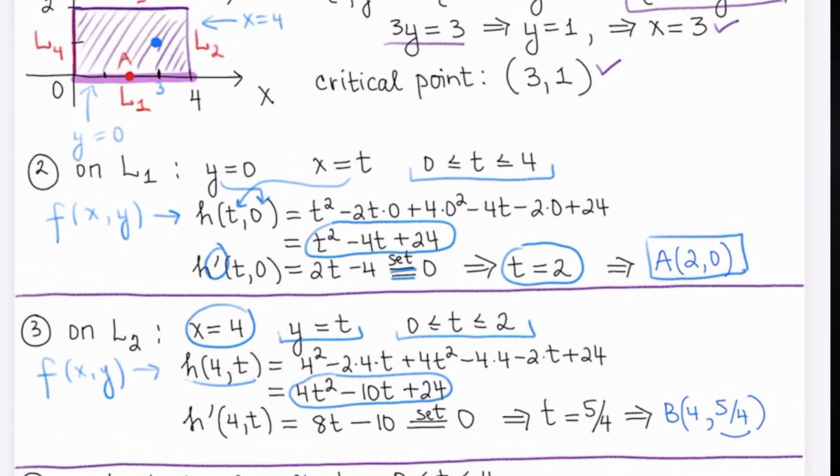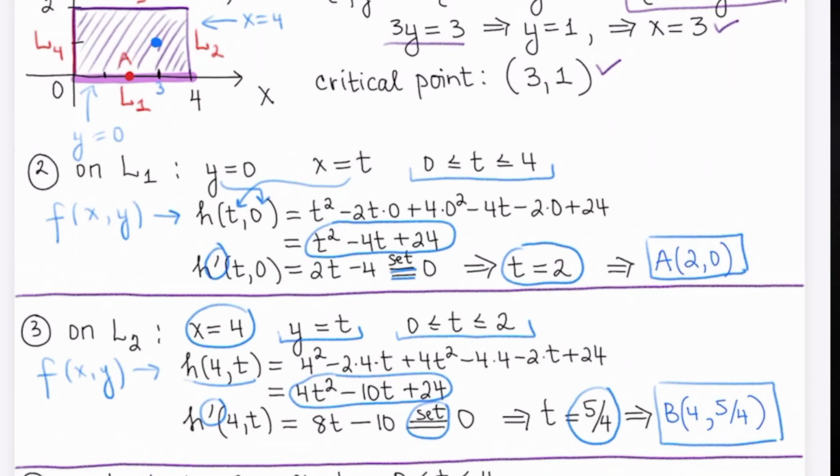That's our polynomial. We're going to compute its derivative, set that equal to 0, and solve for t. That's exactly how we did this type of problem in Calculus 1. So t is equal to 5/4. And what is the next point that we get? Remember, x was fixed, that is 4. So y is the one with coordinate 5/4.